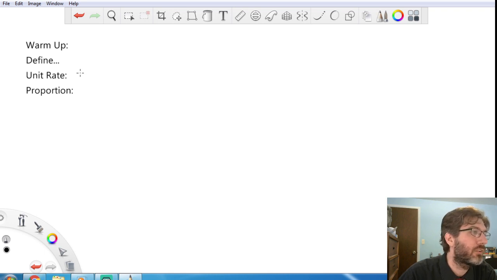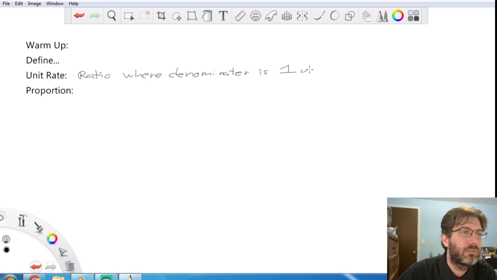It's a comparison, still a ratio, where your denominator is 1 of something. So it has a unit of 1 on the denominator.